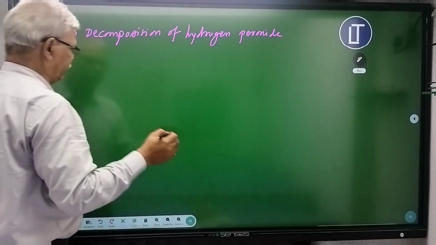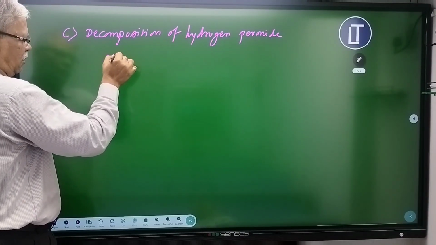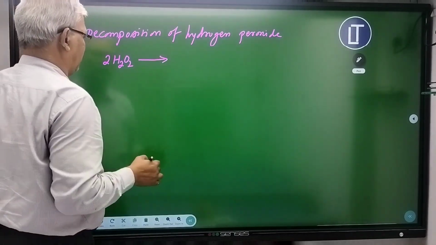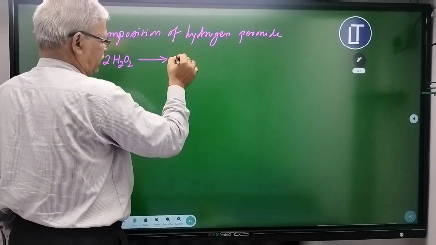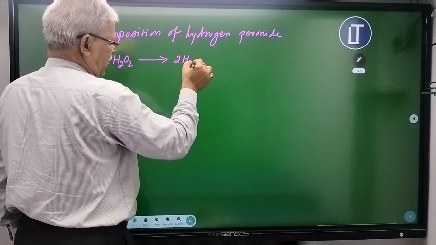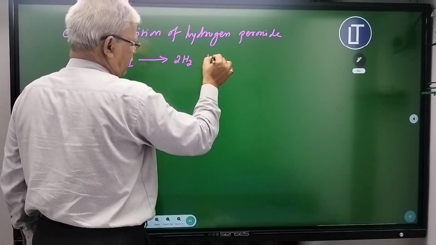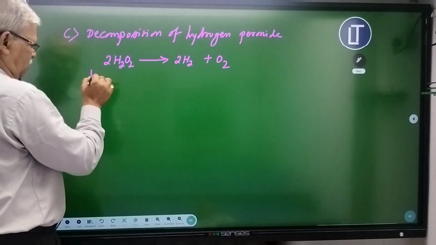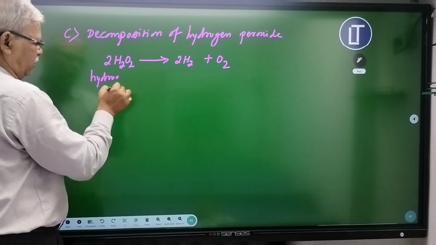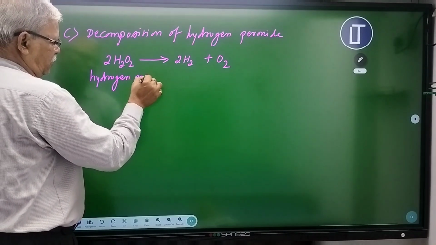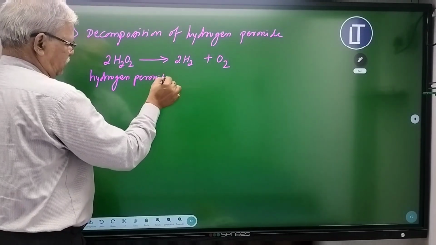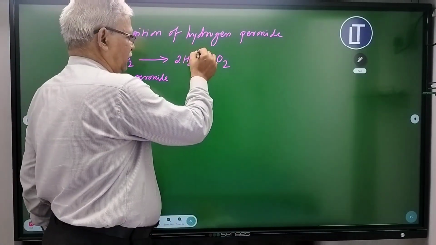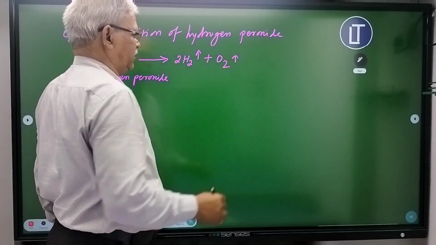Here hydrogen peroxide, two molecules, undergoes decomposition, forming hydrogen and oxygen. Okay, here this is hydrogen peroxide, which decomposes into hydrogen and oxygen.